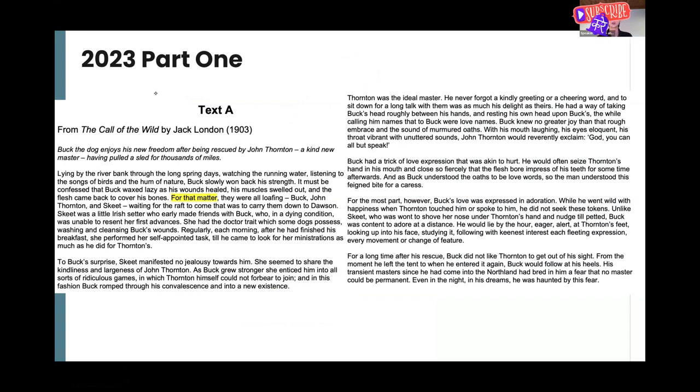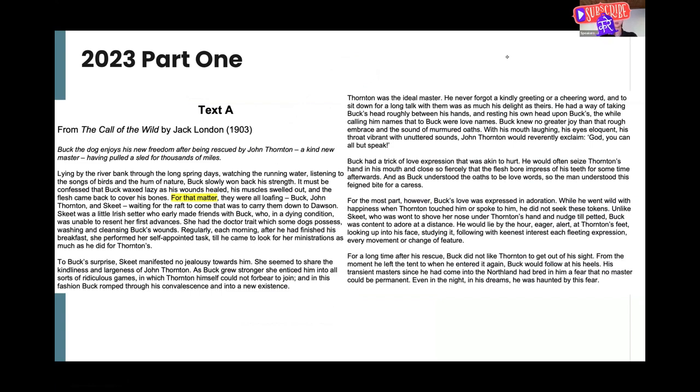So that's our first bit of less needy. And then he would cling to each fleeting expression, as opposed to shoving his nose under Thornton's hand. So while some would argue that this is more complicated, this is very strong evidence towards less needy. So this answer would say D, less needy.